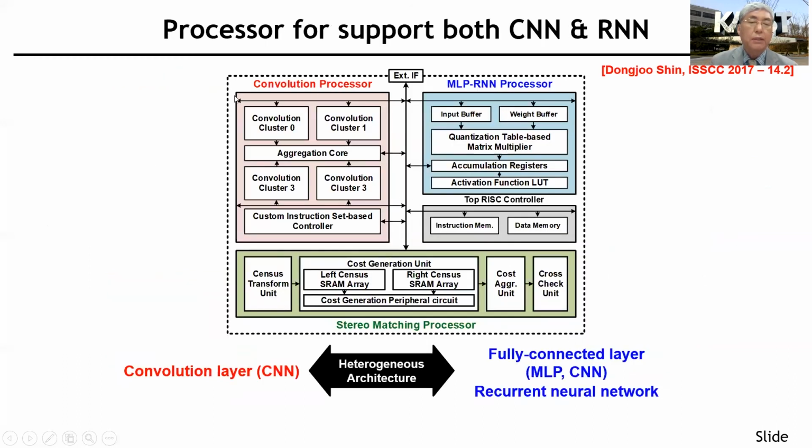So we integrated CNN and RNN together on a single chip, and also other peripheral circuits. And this chip was developed using the platform-based design approach. So it's just Lego block assembling.